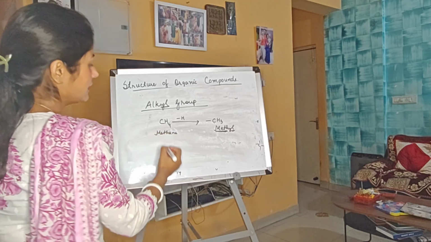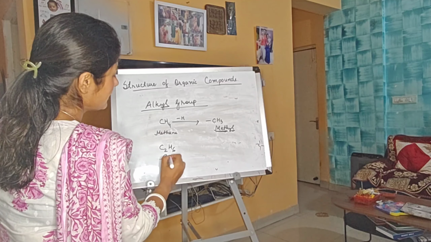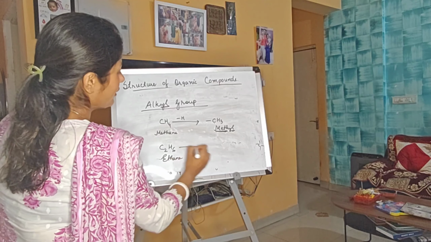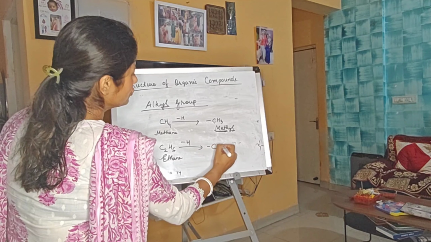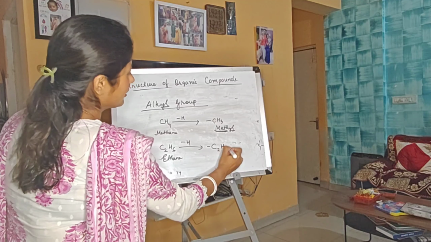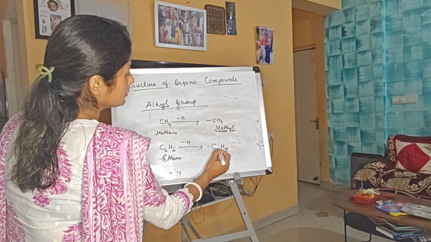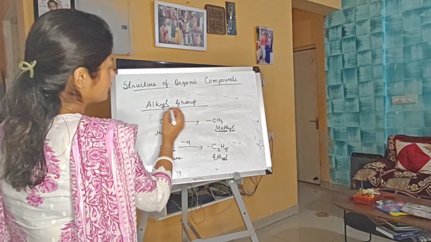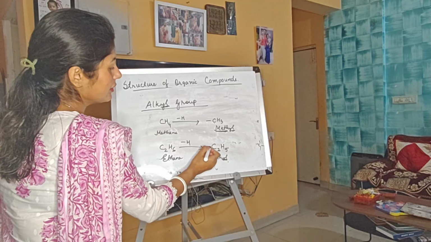Similarly, if I take another alkane, C2H6, this is ethane. If I remove a hydrogen atom from this ethane, I'll get C2H5. Now this is an ethyl group. Ethyl because it contains 2 carbon atoms, and yl comes from the parent name alkyl. Now why did I put a bond here?